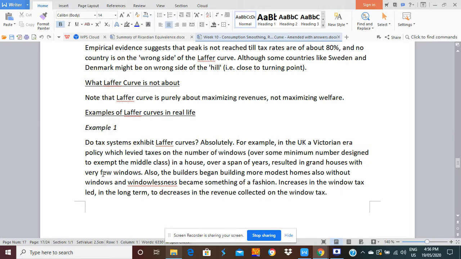But for some reason, they decided to base the level of tax on the number of windows, because big houses tend to have more windows. So what happened after that? People adjusted and started building houses with no windows. Poor planning, poor thinking by the government.